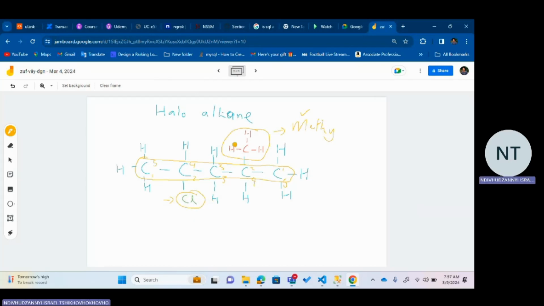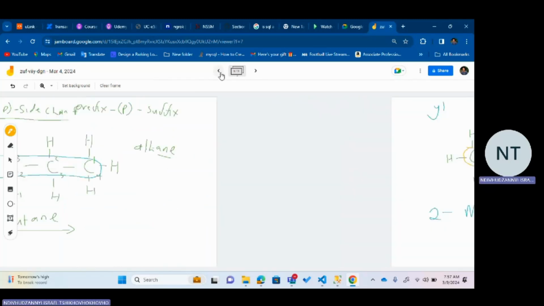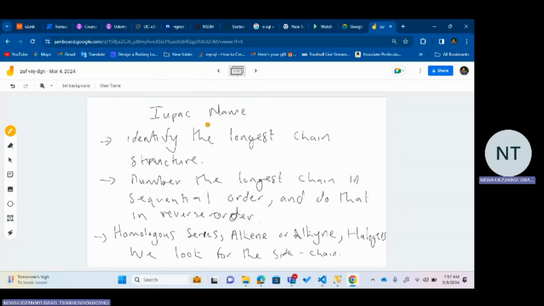Then let's follow the order of precedence now. So the first thing that we did is to identify the longest chain. Then we numbered the longest chain in sequential order and in reverse order, right? Then we have to check the order of precedence. You see, we have a halogen and a side chain, which is methyl. Let's check if we can use this rule.